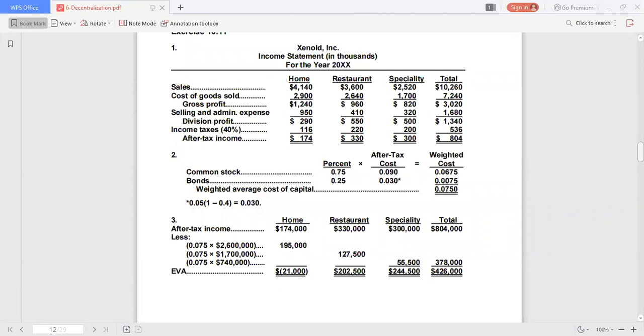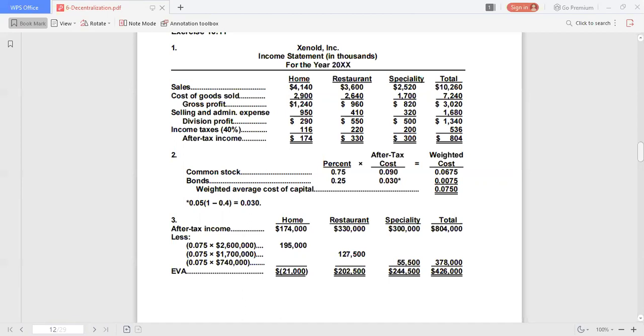So for number 3, calculate EVA for each division. So we now have the after-tax income of 174, 330, and 300. Then we deduct the tax. The after-tax income, and then we deduct 195.